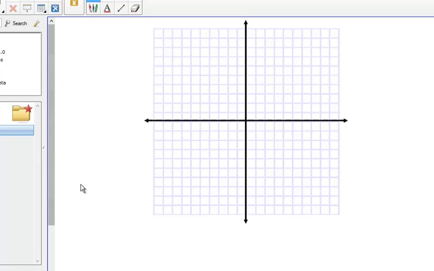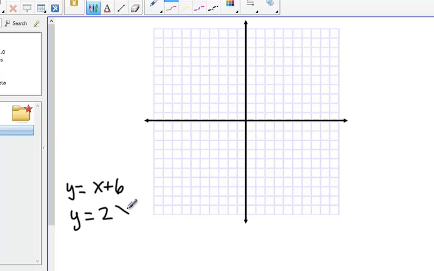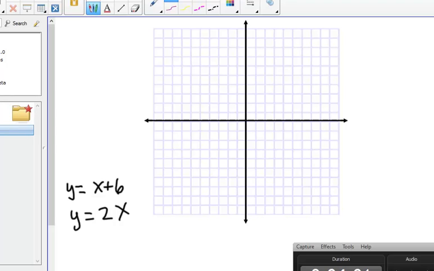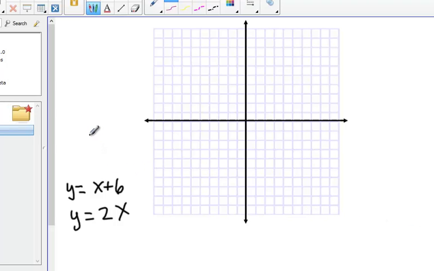And we had y equals x plus 6, and y equals 2x. So we could graph these two lines.